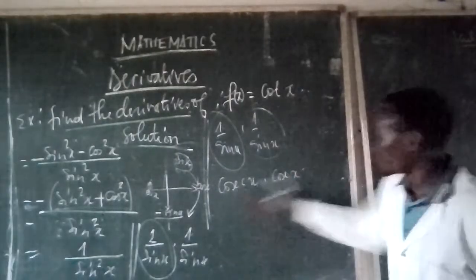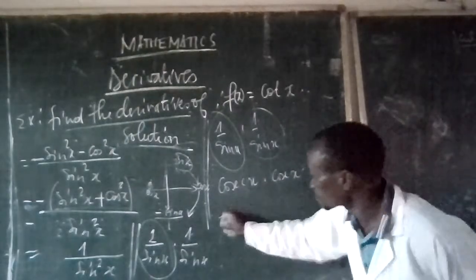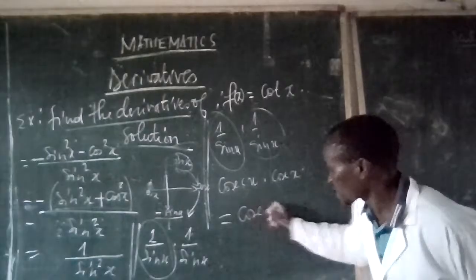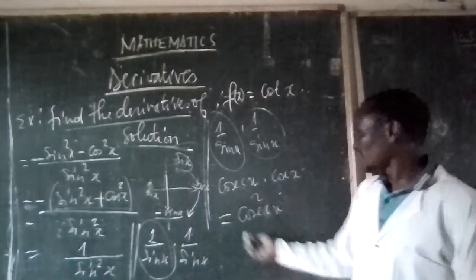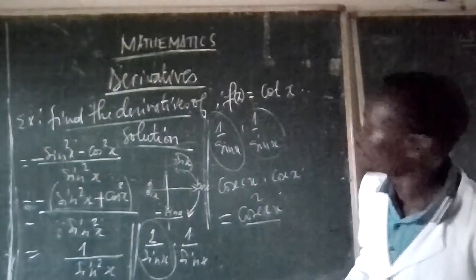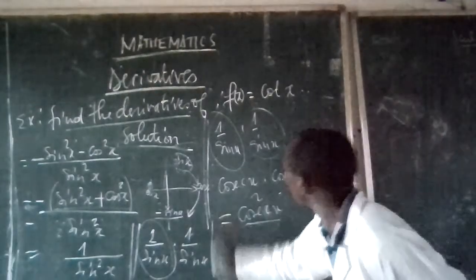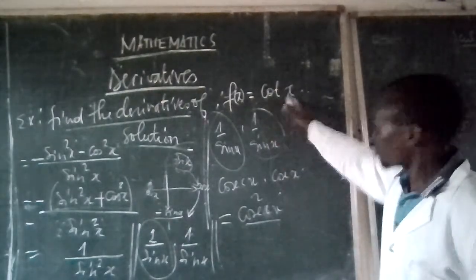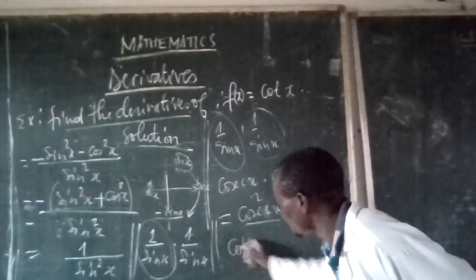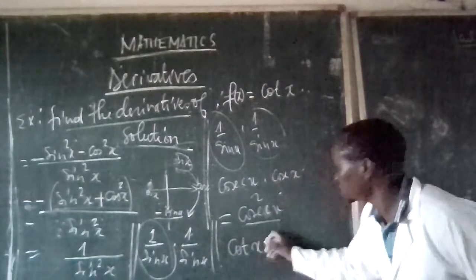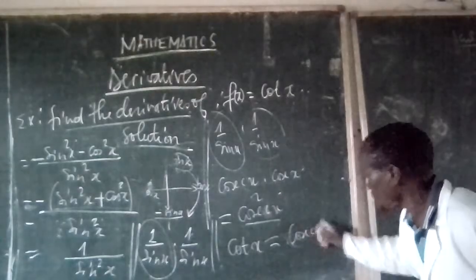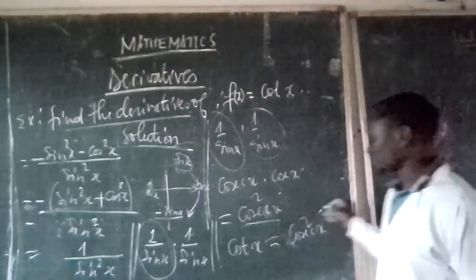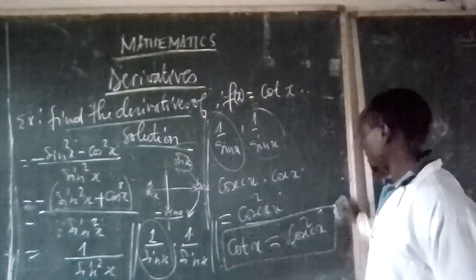Then finally you have to make multiplication. We still have cosec x square. Now the final answer: the derivative of cot x will be cosec square x. This is the final answer.